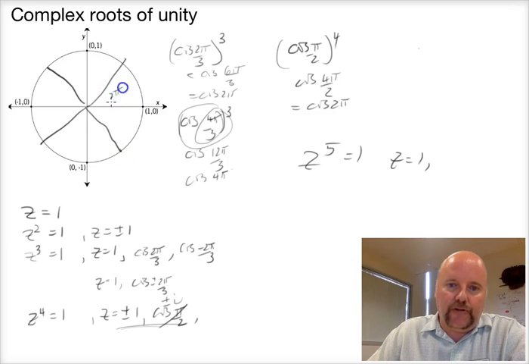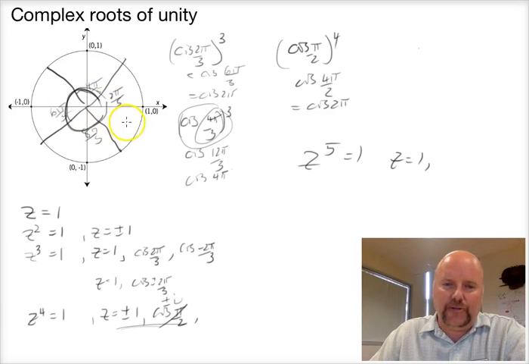Now this is 2 pi on 5. This angle here is 4 pi on 5. This angle here is 6 pi on 5. This angle here is 8 pi on 5. So really what I've done is I've split up 2 pi into 5 equal lots, where each angle is a difference of 2 pi on 5. Got a solution here, solution here, solution here, solution here.